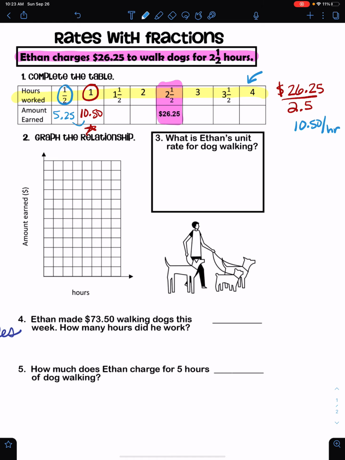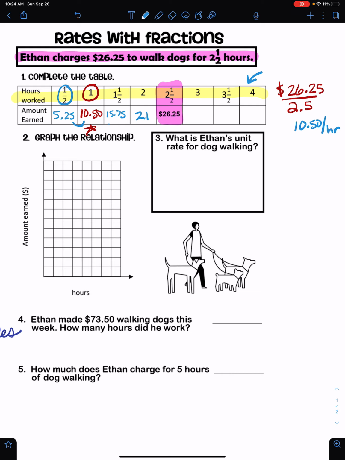You could either add these two together for an hour and a half, or you can do 1.5 times 10.50 to get $15.75. You can double that 10.50 to get the 2 hours. So that's 10.50 times 2, which is $21.